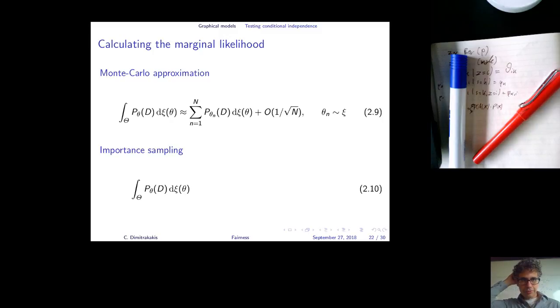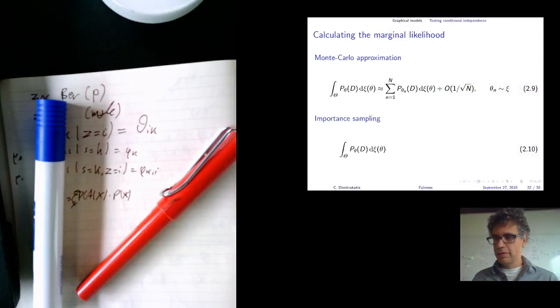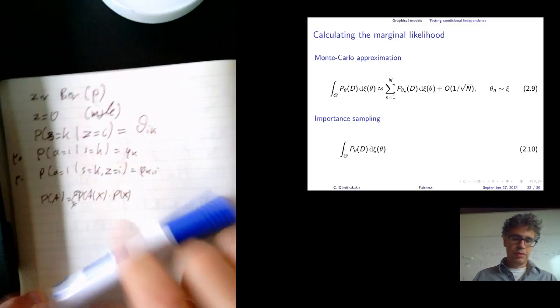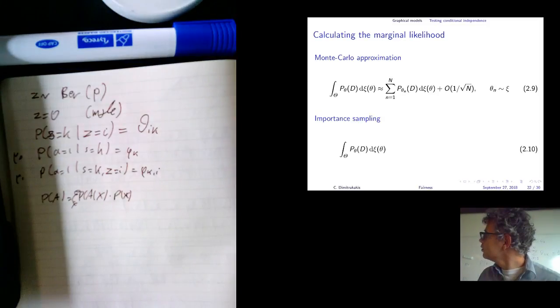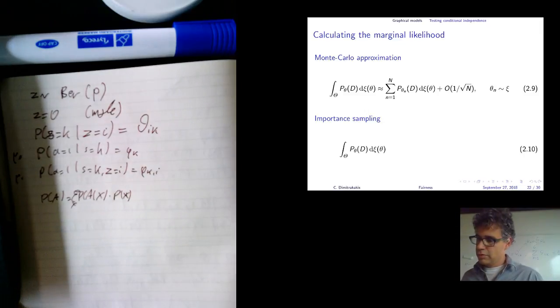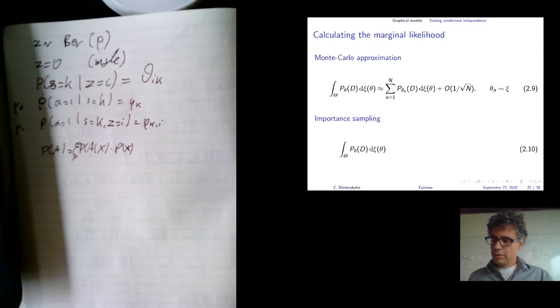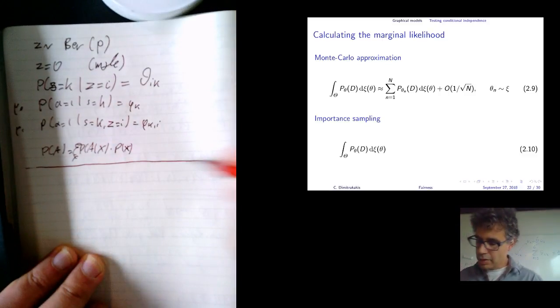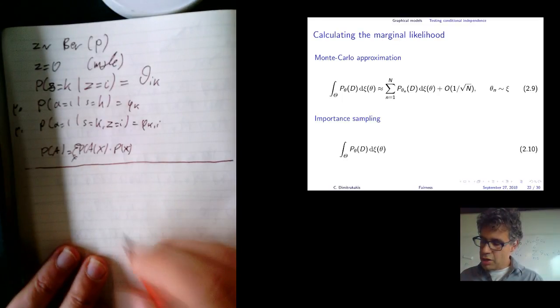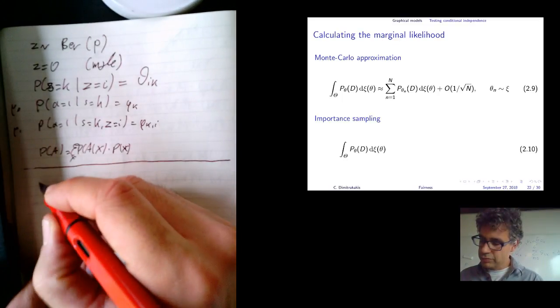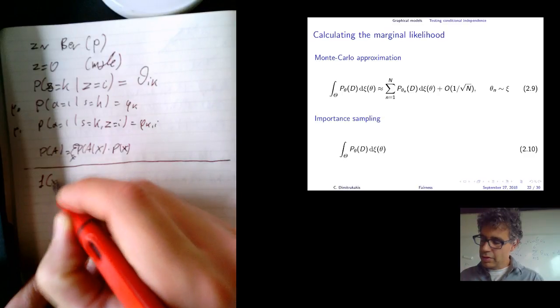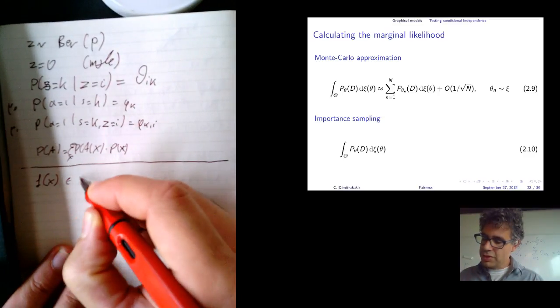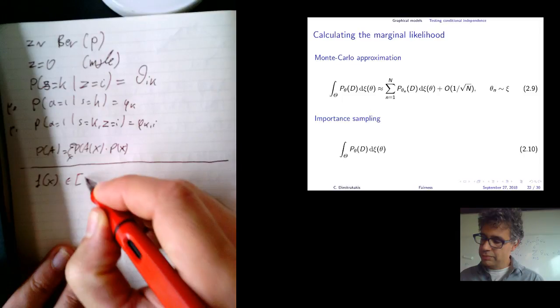I'll just go through it now. Let's say that we have some function that is bounded between 0 and 1.